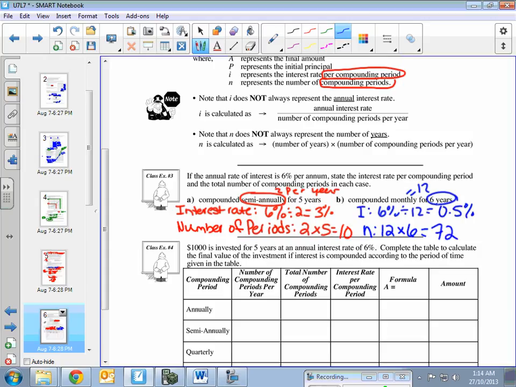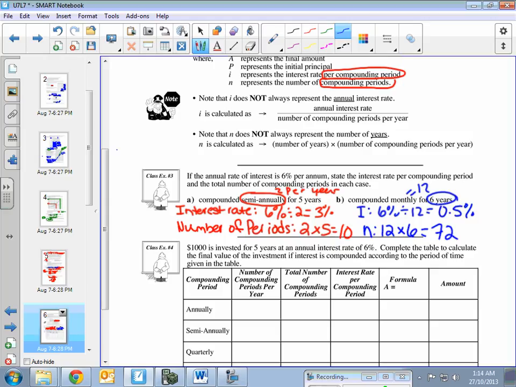So your interest rate is always your interest rate per annum divided by your number of periods per year. And then your n is your number of periods per year times the number of years. If you want to write that down, that might be a good idea.